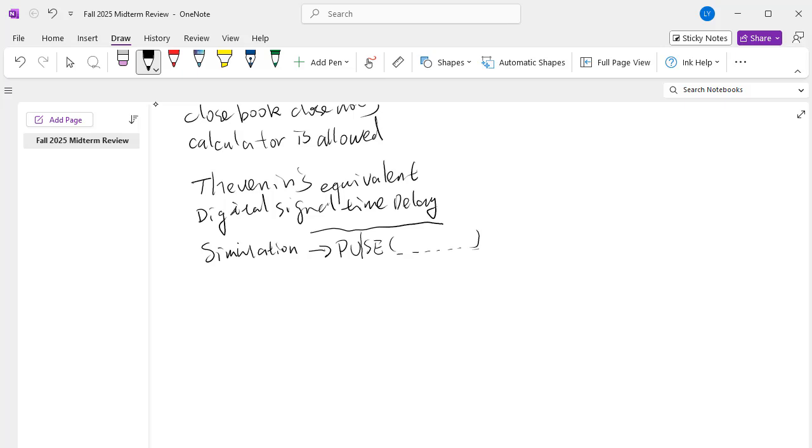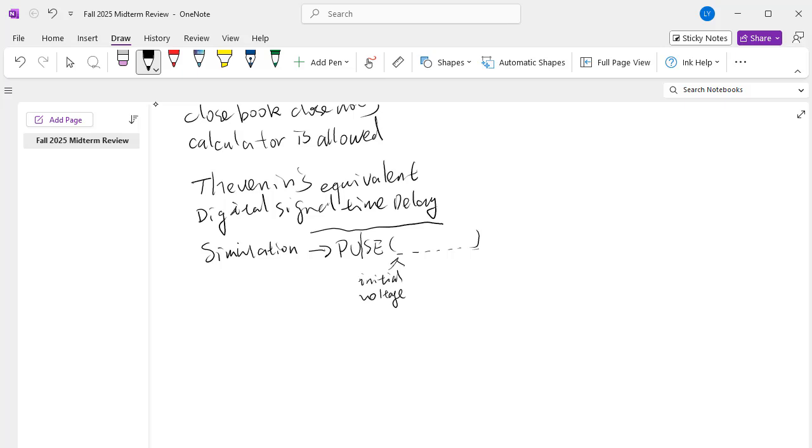You can right click the pulse function in LTspice and find out every single argument. The first one is the initial voltage. I expect you can figure this out during the exam, because we have been using this pulse function in Electric VLSI so many times in the labs.